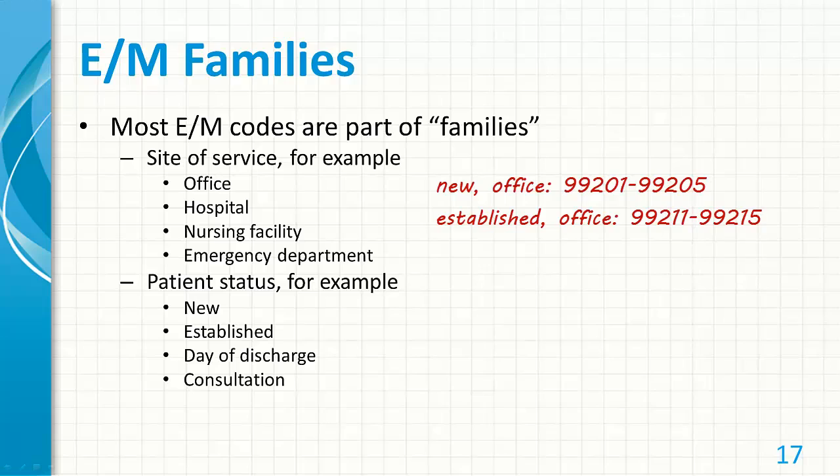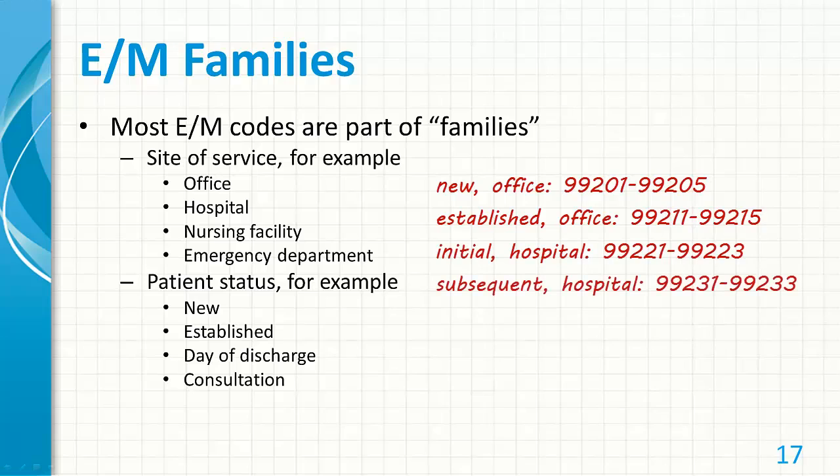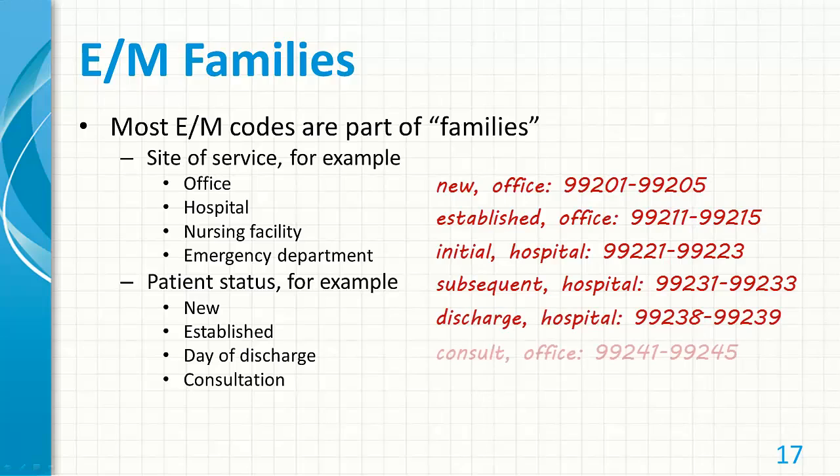Hospital visit codes are divided into initial, 99221 to 99223, subsequent, 99231 to 99233, and discharge, 99238 to 99239. There are also separate codes for outpatient consultation, 99241 to 99245, and inpatient consultation, 99251 to 99255.